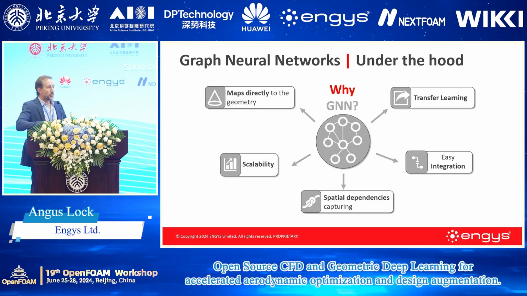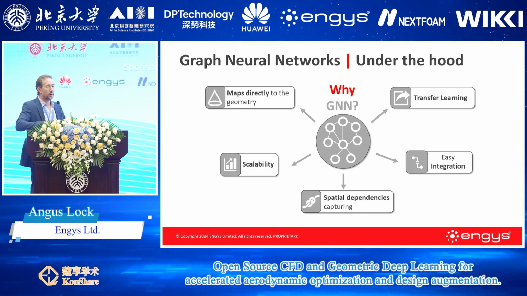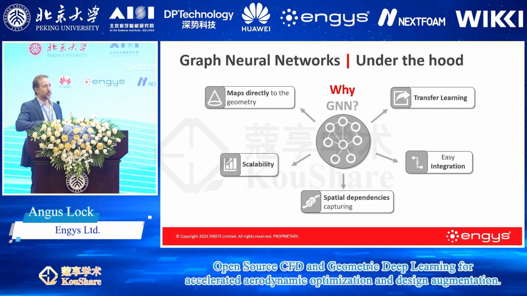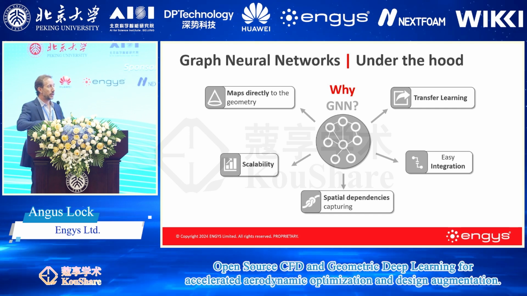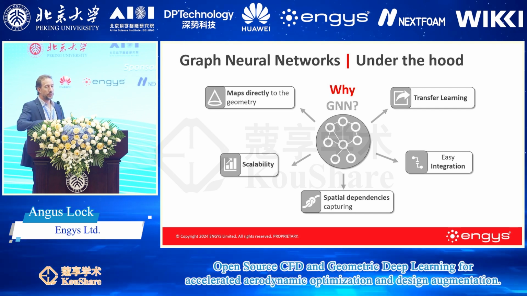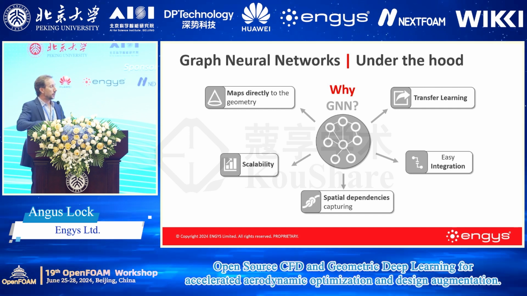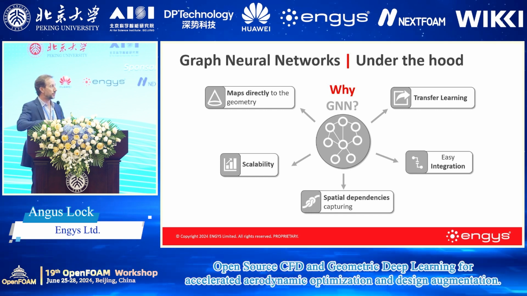So why did we use graph neural networks? Probably the major reason we did is that it maps directly to the geometry. So the vertices and edges in the triangulated surface of your 3D object map to the nodes and communication paths of the graph neural network. And that gives us flexibility in terms of the different shapes that we can assess.